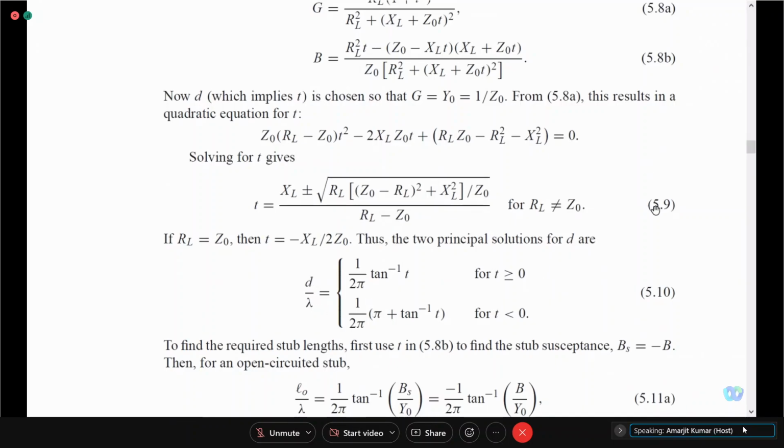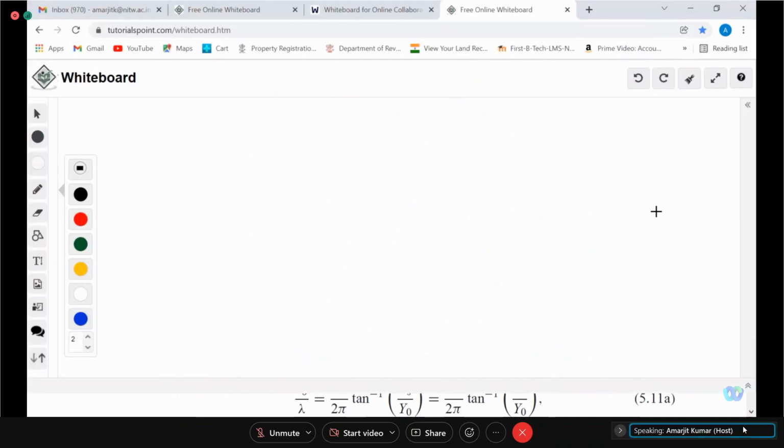Okay. So now what about the length of the stub? How to calculate the length of the stub? I told you what is the condition. The condition for calculating the length of the stub, this is the position of course.